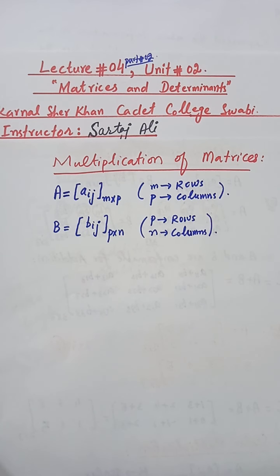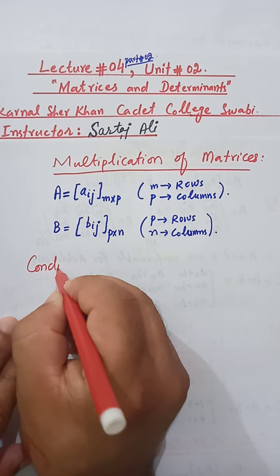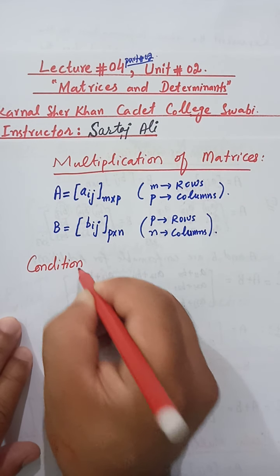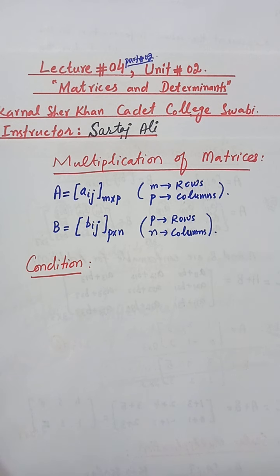Now, the conformability condition for the multiplication of two matrices. What is the condition that two matrices are said to be conformable for multiplication?